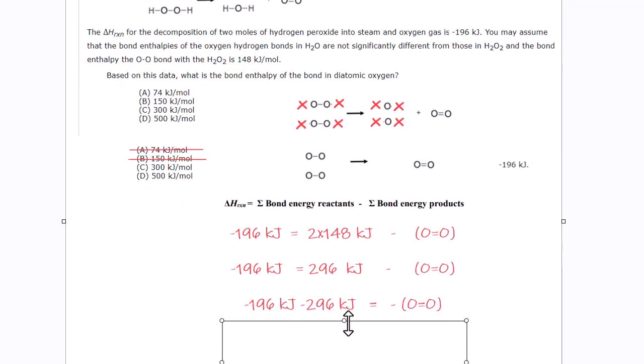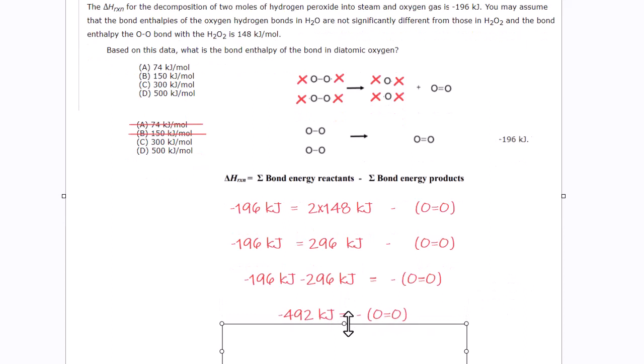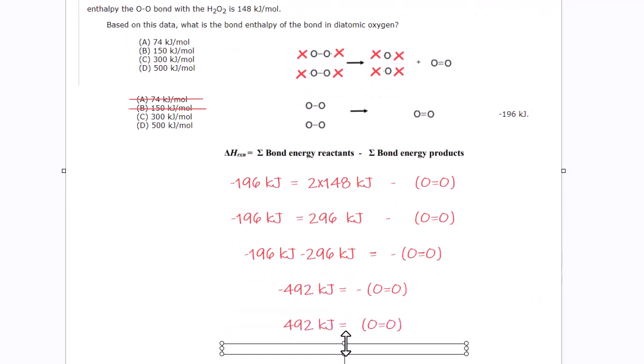You don't even have to use reasoning, though you should understand what's happening, and say, okay, the result is negative 492, and of course a negative, that's here. You follow your algebra, and our bond energy, therefore, from this data for a double bond oxygen is 492 kilojoules, and hey, we've got that possibility here.